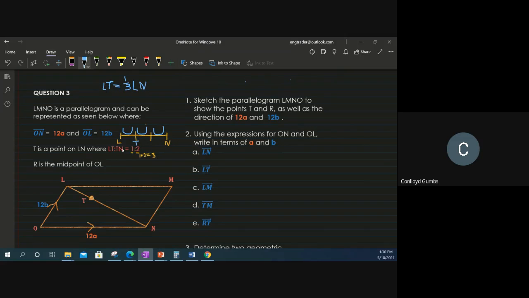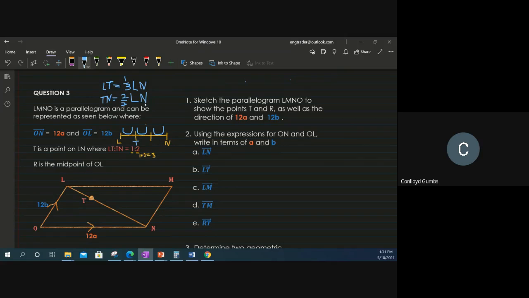From here to here is 1/3 because it's taking 1 chair out of the 3 chairs of LN. And then TN, how many chairs do we have in TN? TN has 2 chairs out of the 3 chairs for the whole of LN. So I have 2 expressions: one for LT, which is 1/3 LN, and one for TN, which is 2/3 LN.